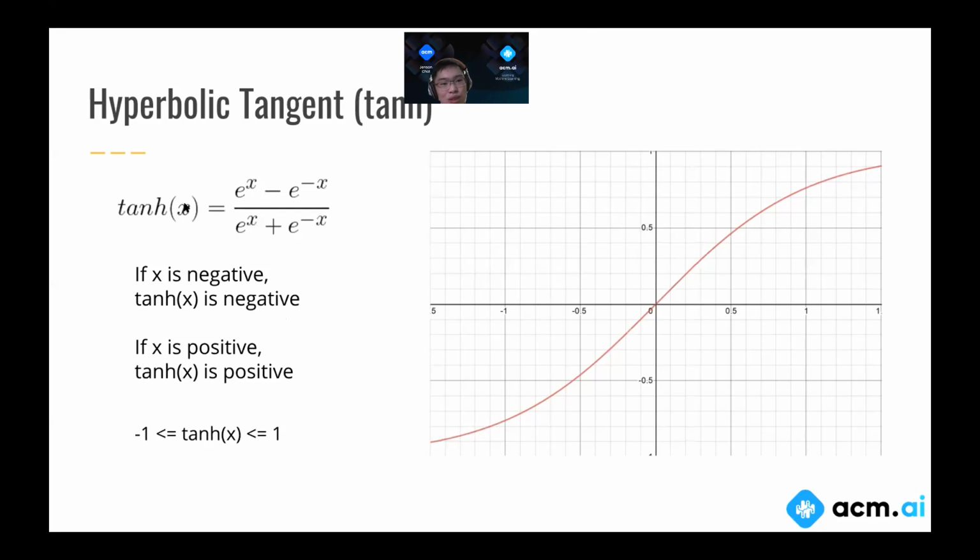So just as a refresher, the formula for hyperbolic tangent is e to x minus e to -x over e to x plus e to -x. The most important takeaway is if x is negative, then hyperbolic tangent is also negative. And if x is positive, then hyperbolic tangent is positive.